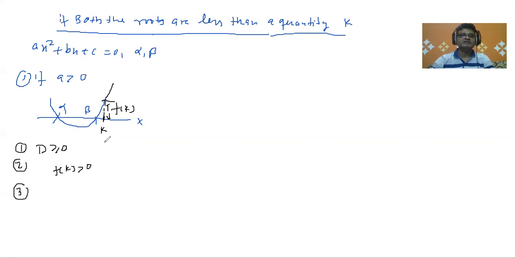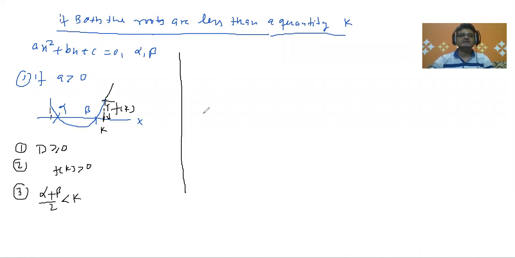And third, k should be here itself. Otherwise, if k is on this side, then also fk would have been greater than 0. So just to ensure that k is on this side, we take the average of the roots, alpha plus beta by 2, which should be less than k.